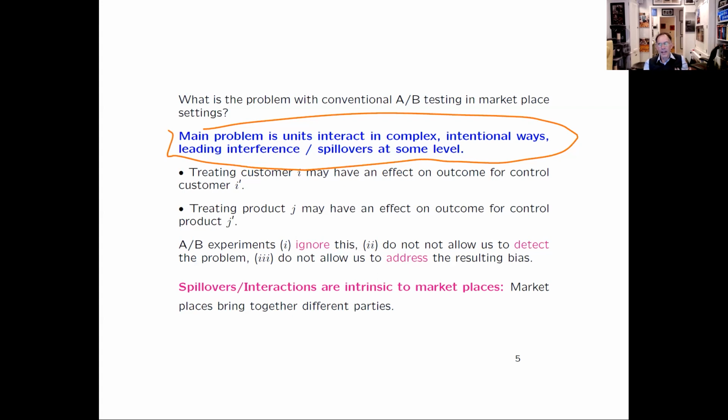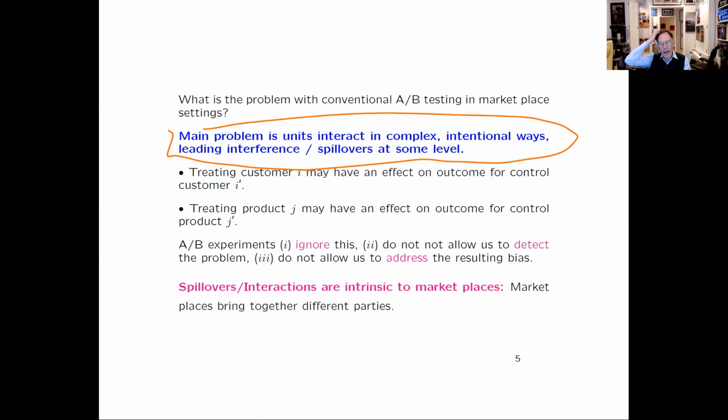In the type of settings we're looking at here, these spillovers, these interactions, are intrinsic. They're always going to be there, because what marketplaces do is bring together different parties, different sides of a market, and facilitate trades. If you make some trades more attractive, that often means other trades by necessity become less attractive.